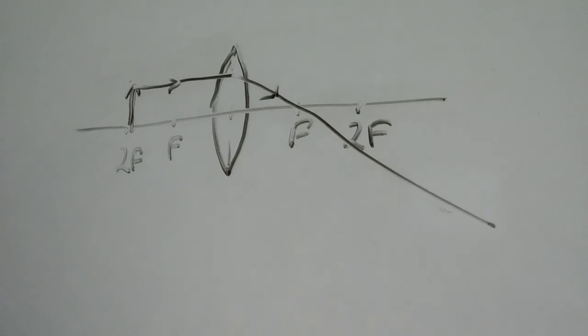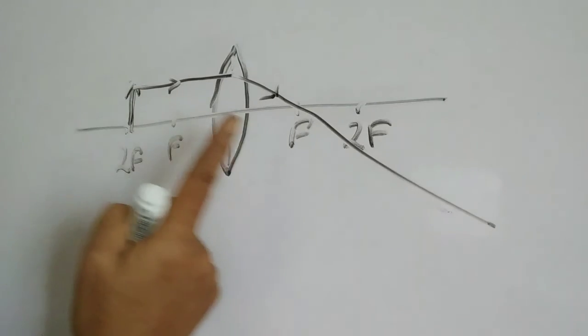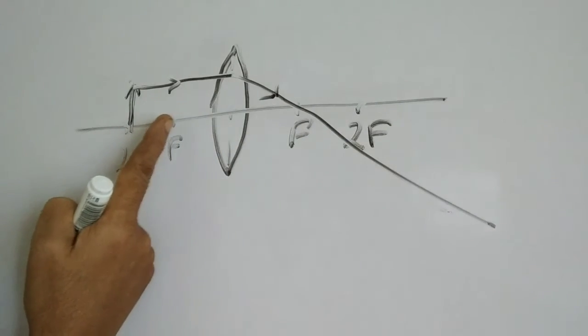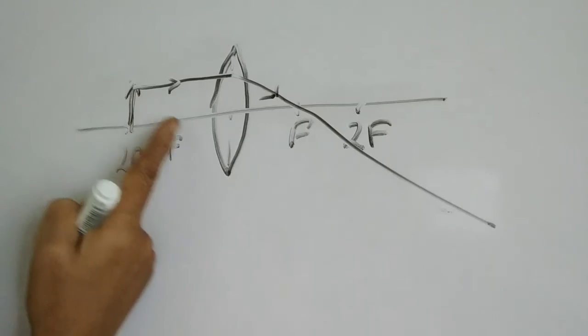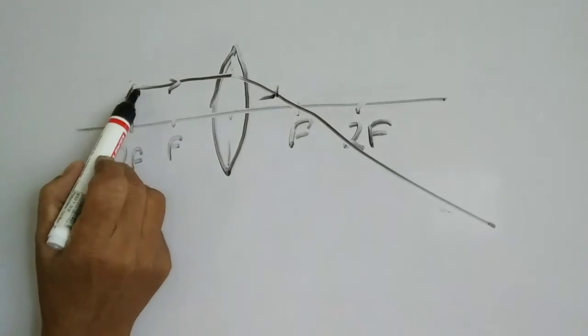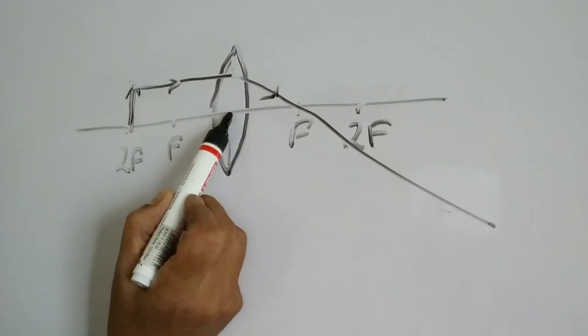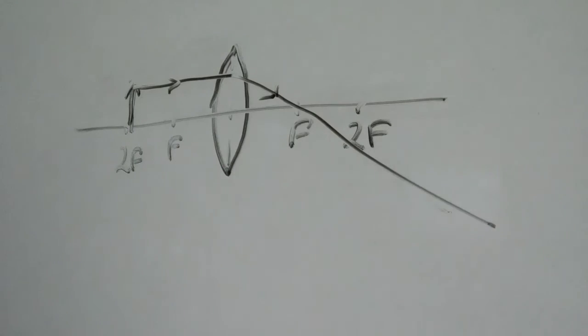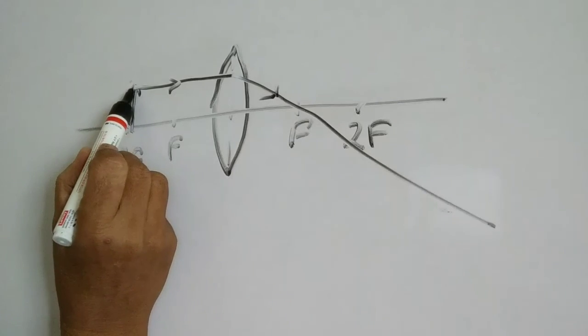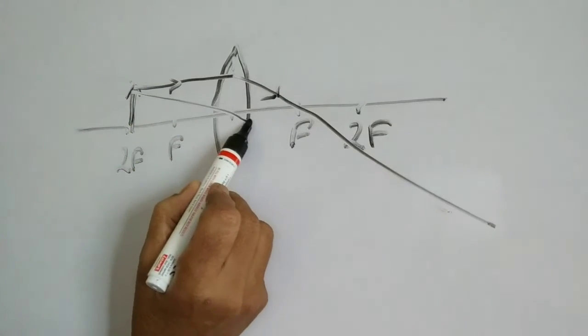Then two more rules are there. Either you can take the ray passing through the focus, which becomes parallel to the principal axis like this, or you can draw through the optical center. Let us draw through the optical center.